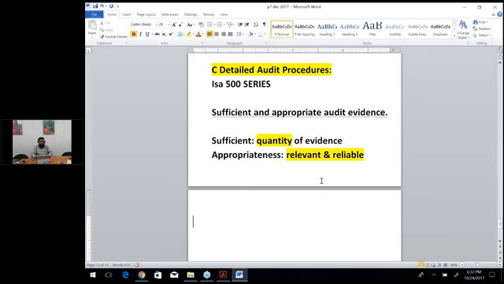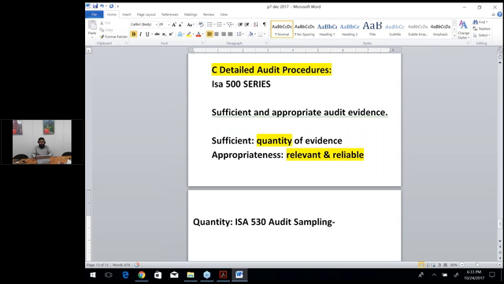If I talk about the quantity of the evidence, there is ISA 530, which is about audit sampling. ISA 530 guides you on how to draw samples, because we perform the audit on a test basis. We don't perform the audit on a 100% basis.